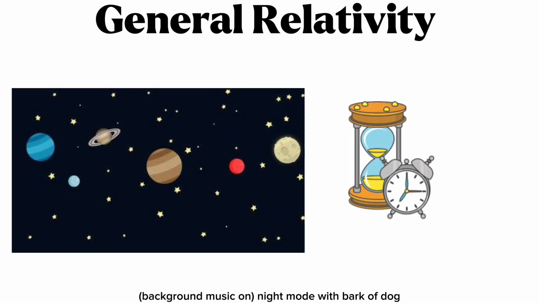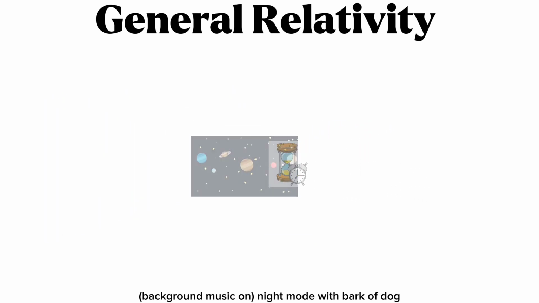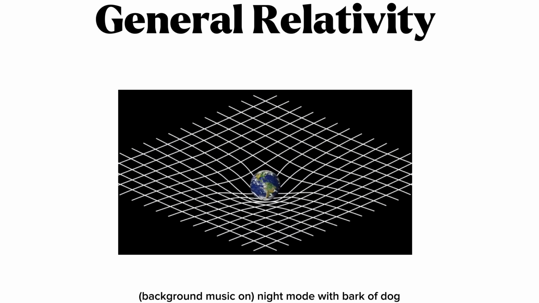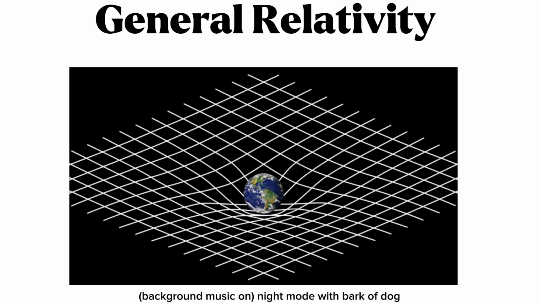The central idea of general relativity is that space and time are two aspects of space-time. Space-time is curved when there is matter, energy, and momentum, resulting in what we perceive as gravity.